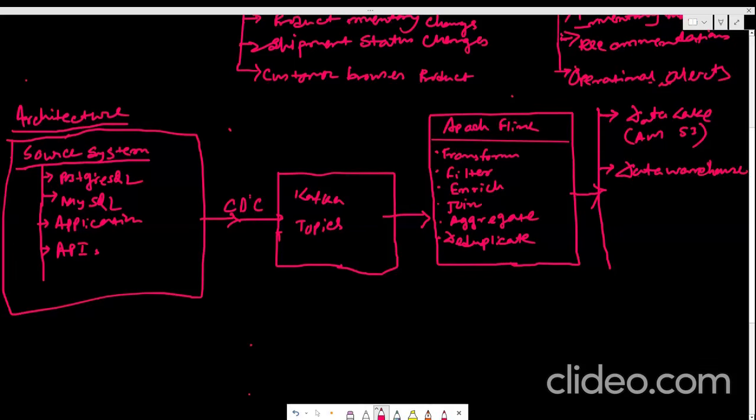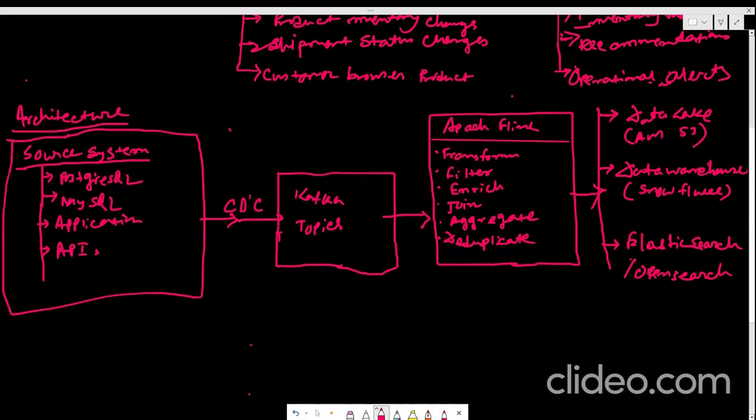For data warehouse, you can consider several things, like Snowflake or GCP storage, according to your use cases. Then Elasticsearch, like how the recommendations actually work, or you can also consider OpenSearch. Okay, so these are the parts.